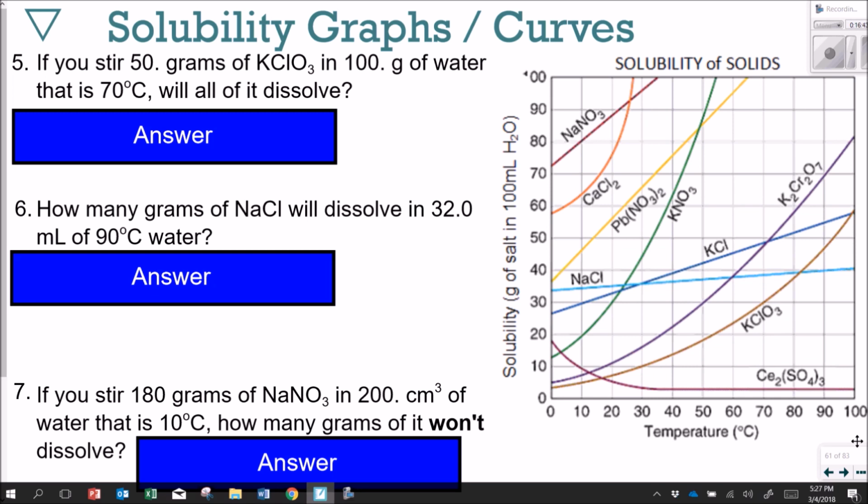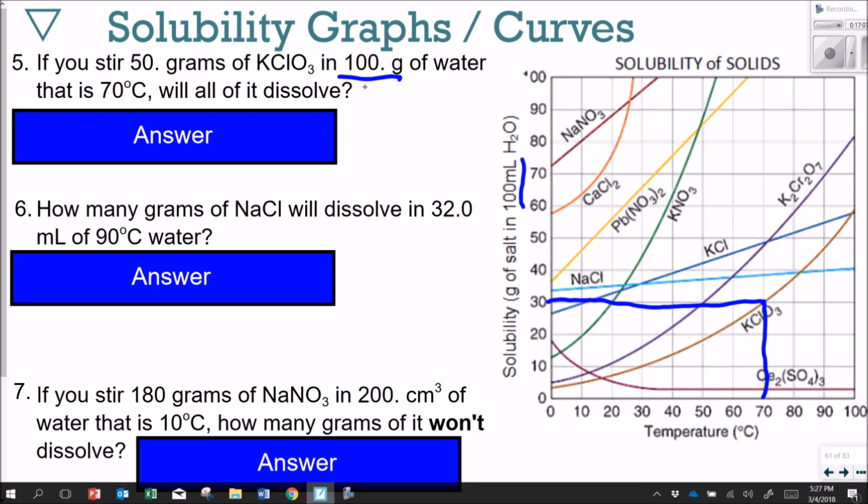If you stir 50 grams of potassium chlorate in 100 grams of water, that is 70 Celsius, will all of it dissolve? So I again check my amount of water. It does match. Remember that grams and milliliters are interchangeable. So then I go to 70 Celsius, and I go to potassium chlorate. And that is equivalent to 30 grams that will dissolve.